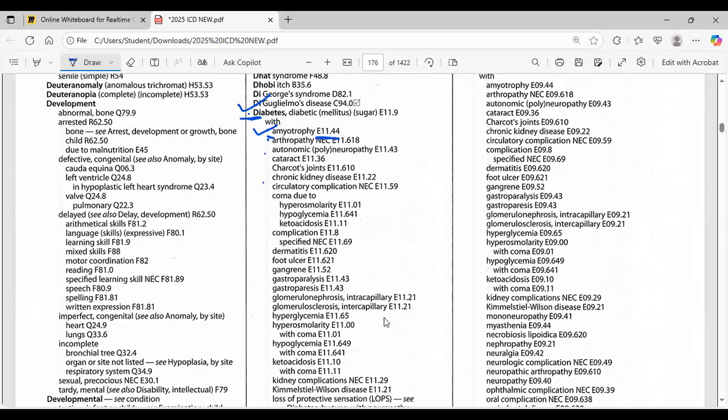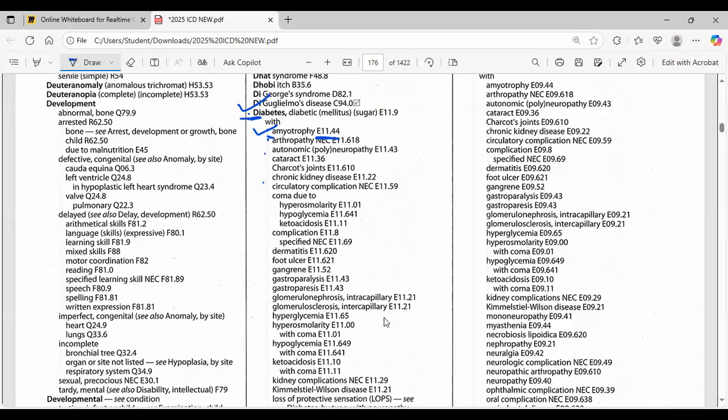Whenever a patient has diabetes as well as another condition, and you can find a combination code which represents both conditions, you have to use the combination code only.